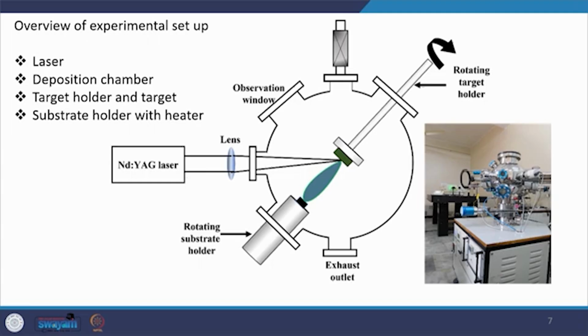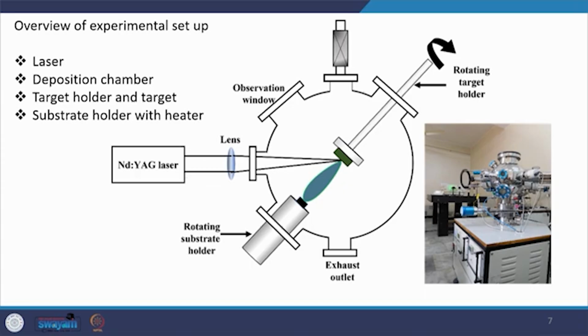This system is quite versatile and relatively simple compared to other deposition techniques. You can see that the laser comes in and is focused with the help of a lens onto the target, and this target holder rotates continuously, so that a fresh surface of the target always comes. Otherwise, a crater will form, which will obstruct the formation of the plasma.